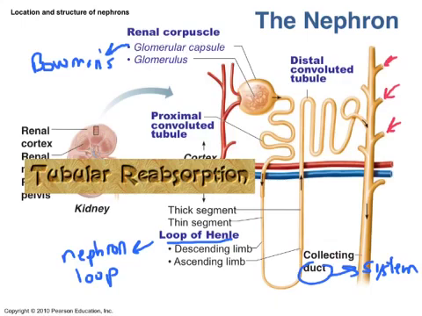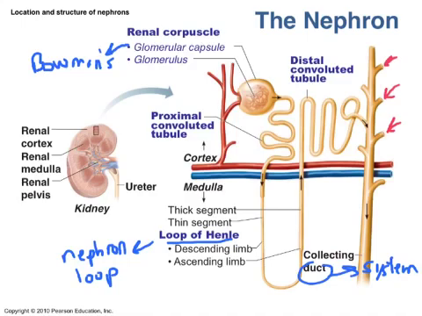Things like nutrients, vitamins, glucose, amino acids, certain ions, water, and the rest, the things that aren't reabsorbed, continue out of your body in the urine. The proximal convoluted tubule is the main location of tubular reabsorption. That's where most tubular reabsorption occurs, but there is reabsorption in the nephron loop, distal convoluted tubule, and the collecting duct as well.